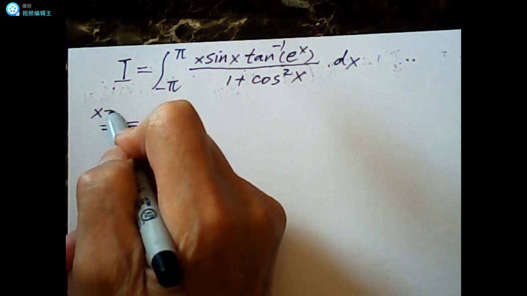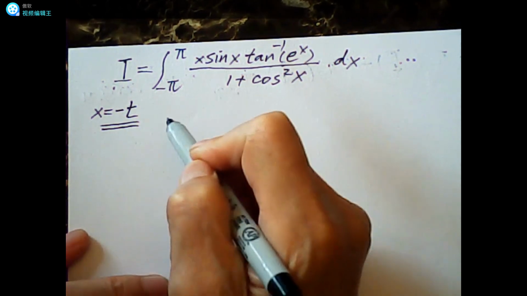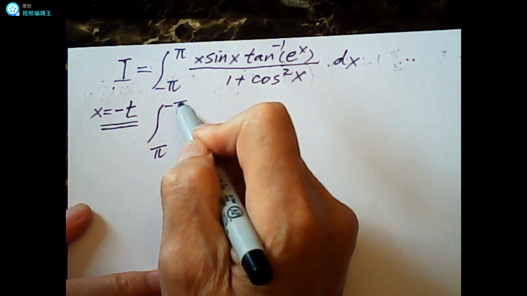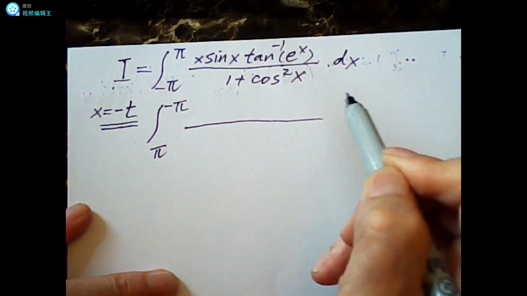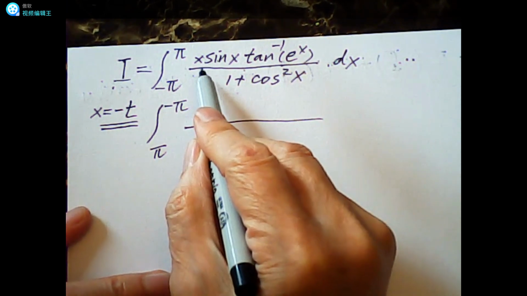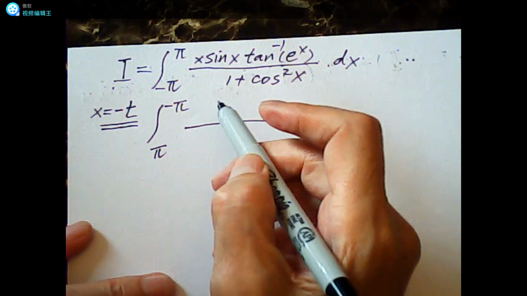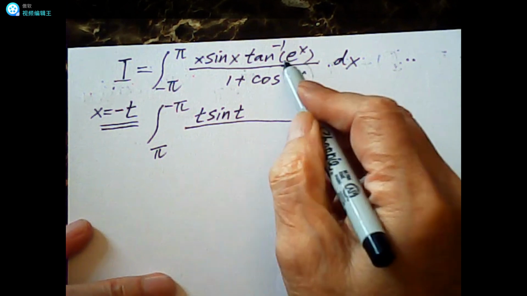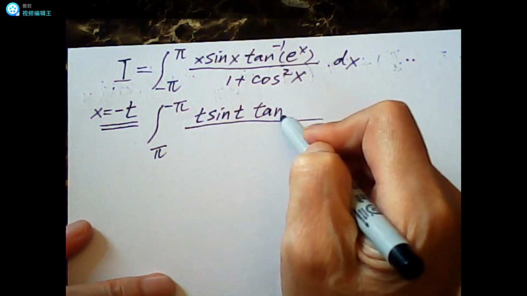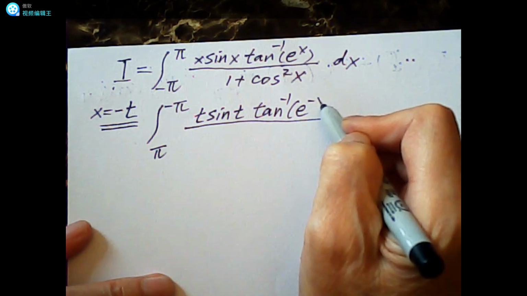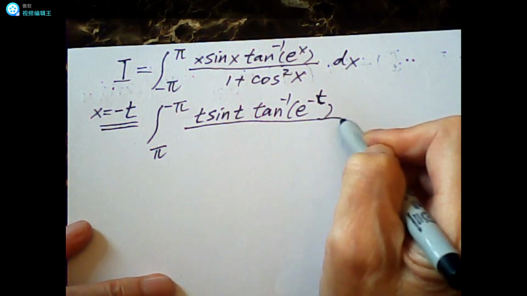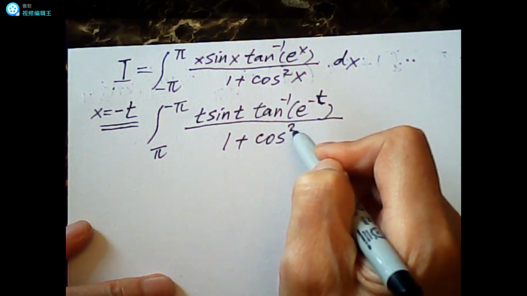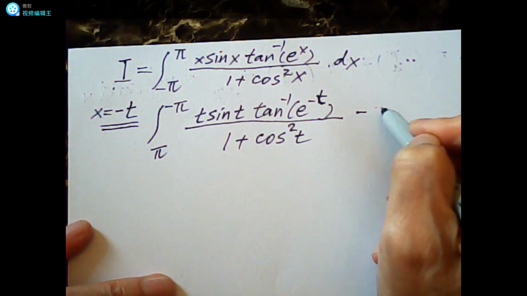Let x equal to negative t. Then this integral becomes from positive to negative, and this will be negative t, right? This will be negative sine t, so it's still positive. Arctangent e to the negative t, and cosine still the same, no change, and the negative dt.